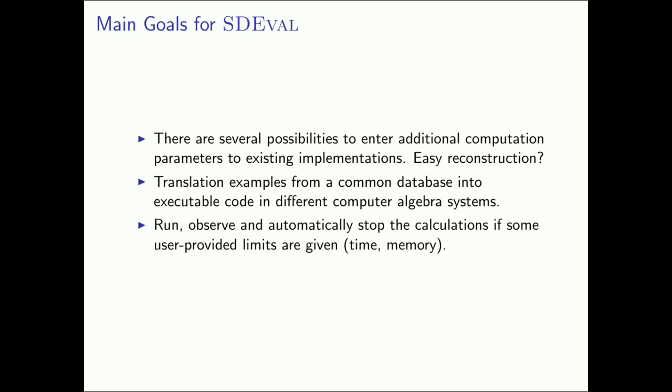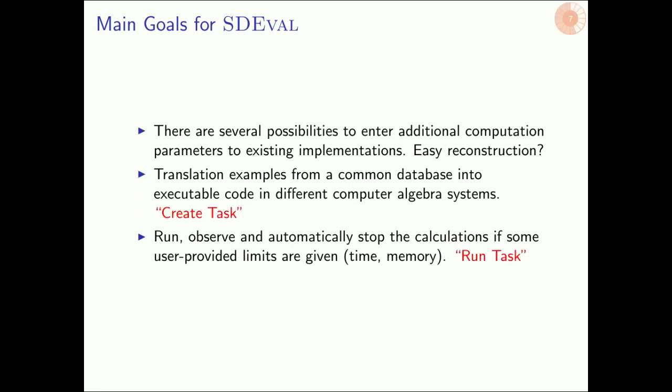Once this is done in a separate sub-project, you need some way to run, observe, and automatically stop calculations if some user-provided limits are given, i.e., as I meant, not to make any admins angry after you have used up a lot of resources on their machines.